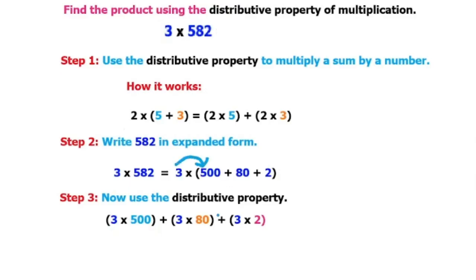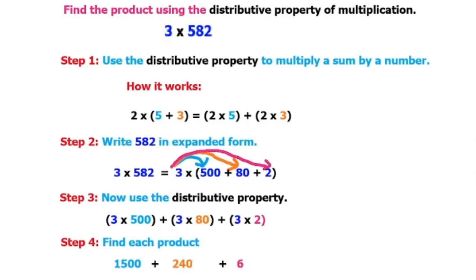You multiply the 3 into the 500 plus, and then it becomes 3 times 80 plus, and then finally you have 3 times 2.